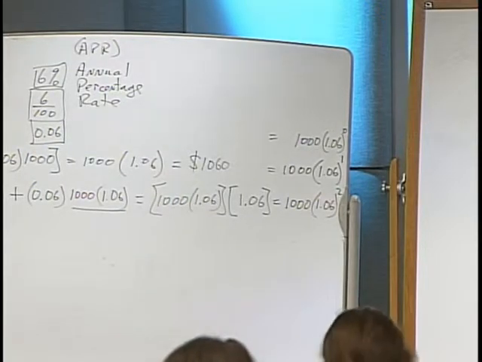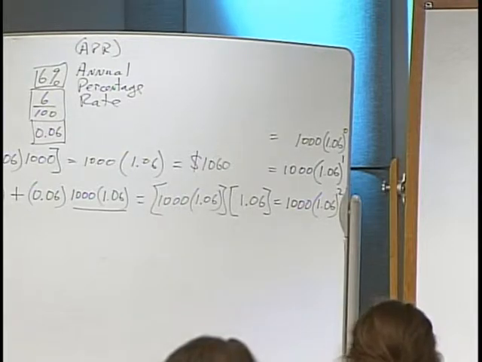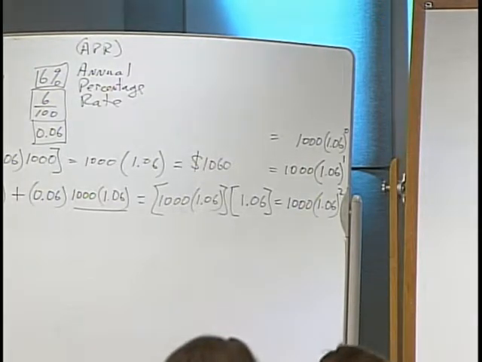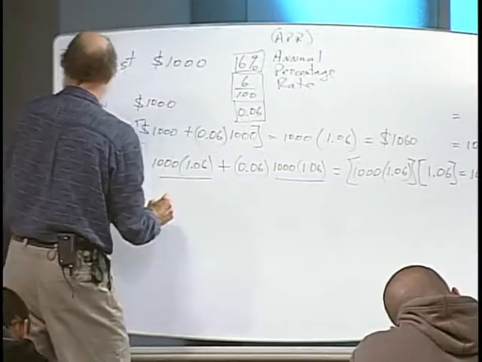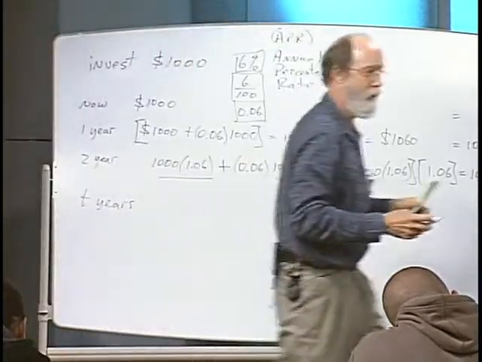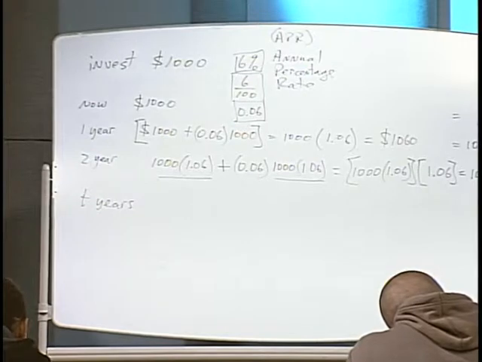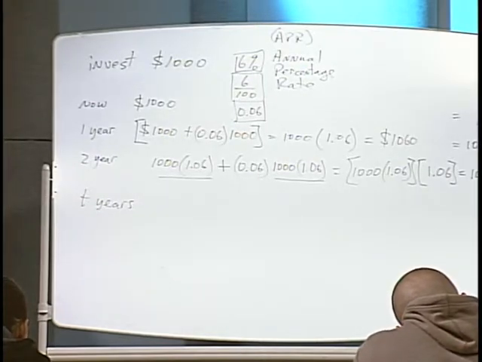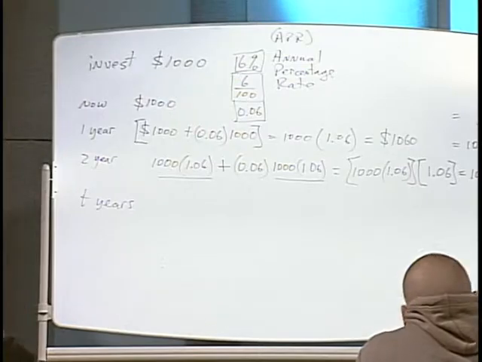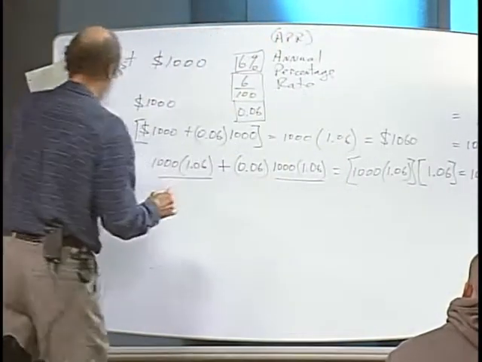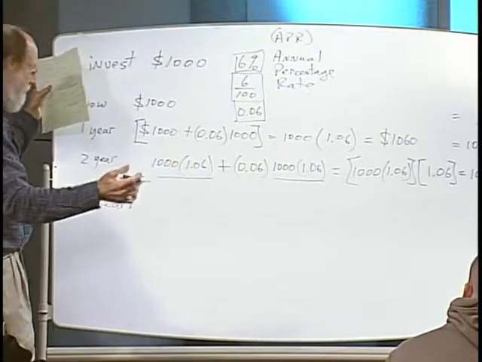So in general, let's say we went for t years. For t years, then our investment, and let me just check something in the text, just to make sure I'm going to be using the same symbolism.